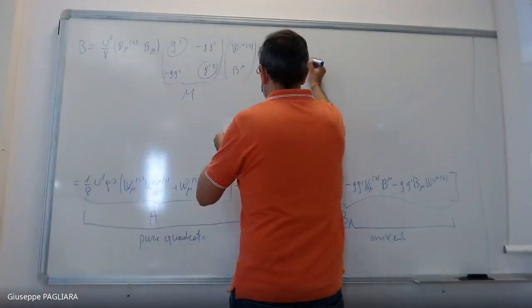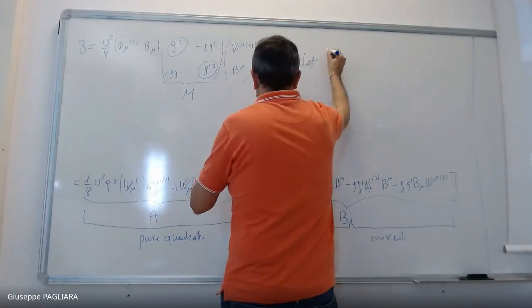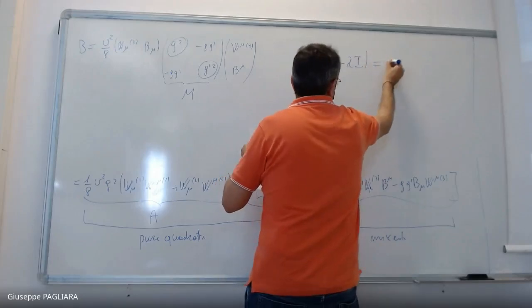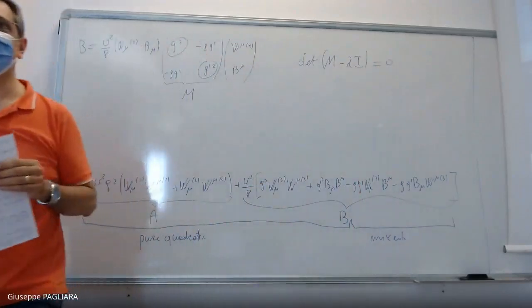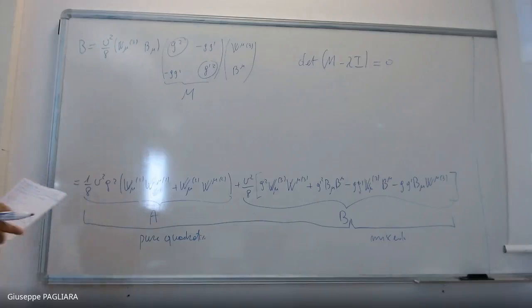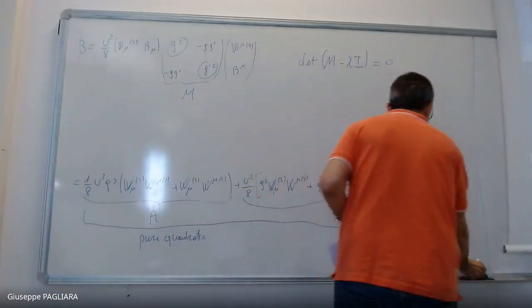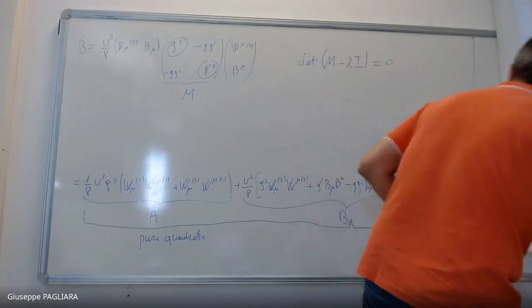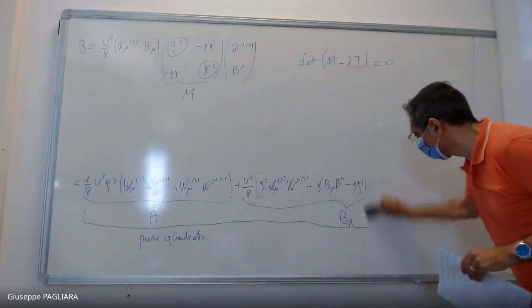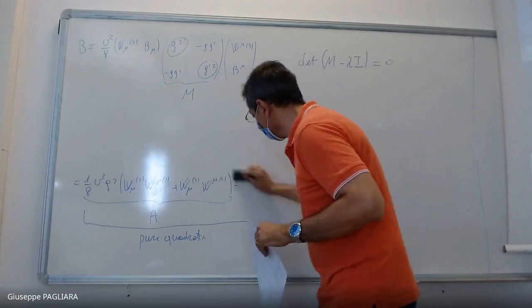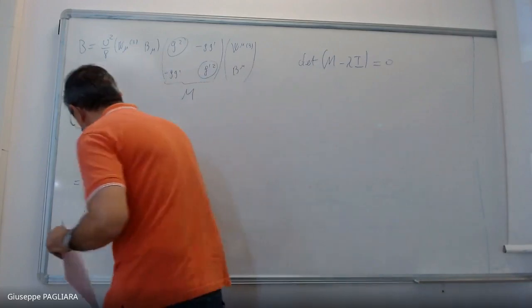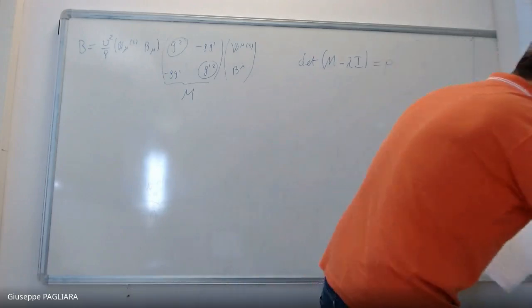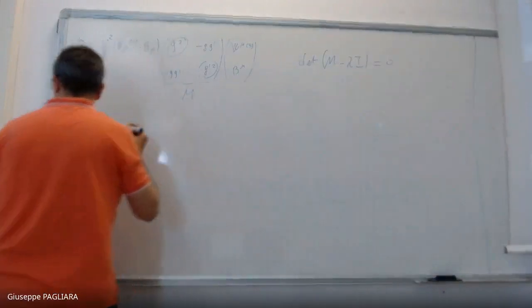How do we diagonalize this? By calculating the characteristic equation, the determinant of M minus lambda I equal to 0, where lambda will be the two eigenvalues. So let's calculate this characteristic equation.